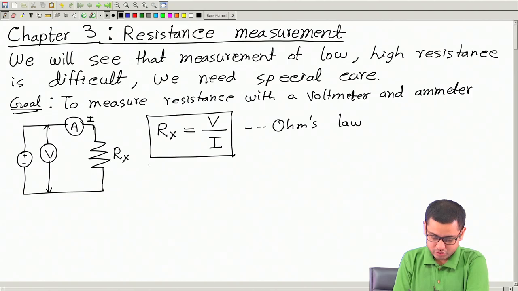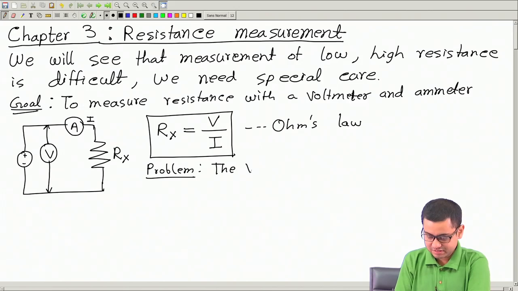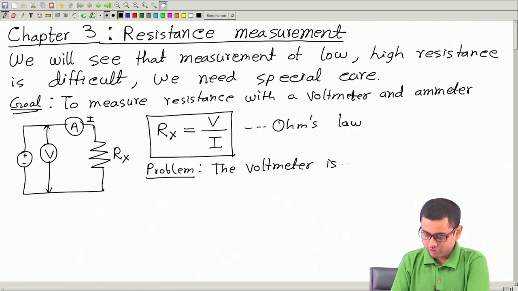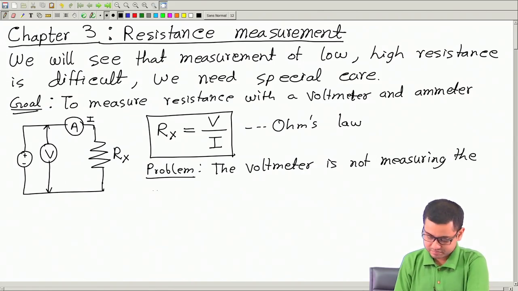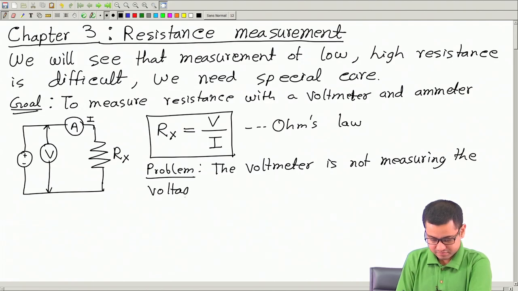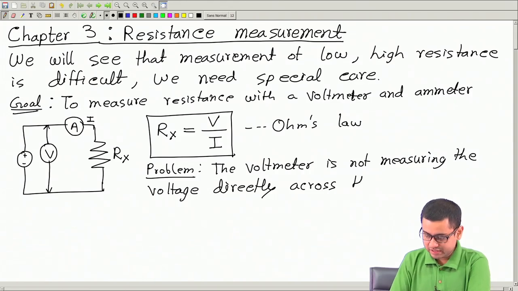So note the problem: the voltmeter is not measuring the voltage directly across the unknown resistance Rx.